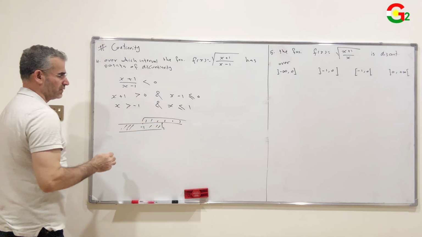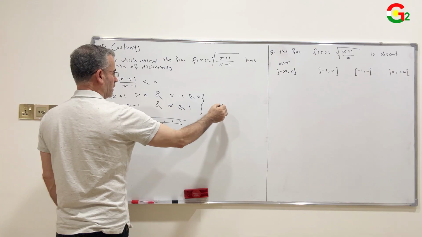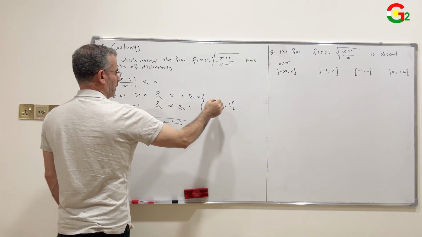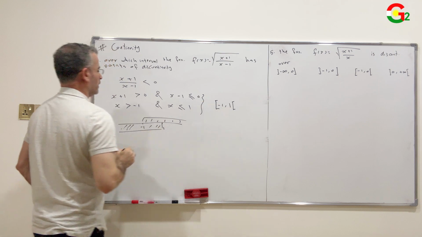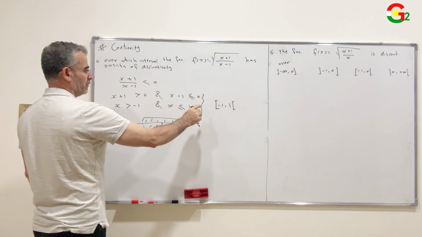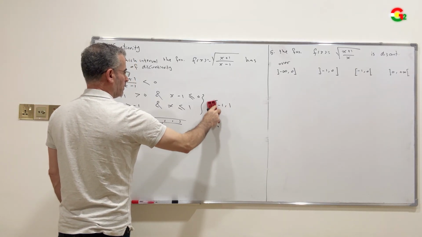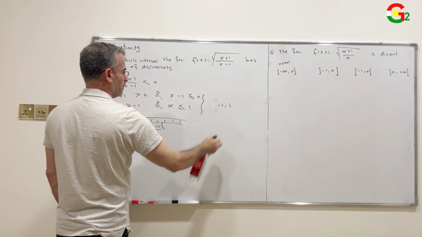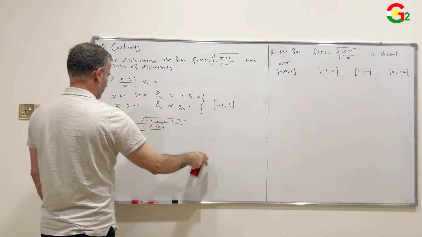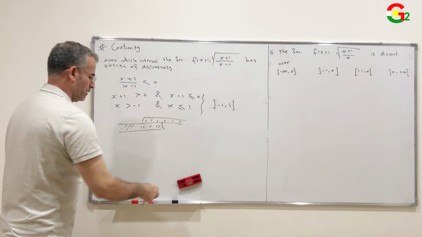The intersection of these two intervals is -1 to 1. 1 is within the interval. -1 is not in the interval because it does not belong to this interval.